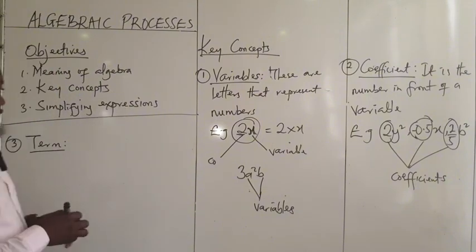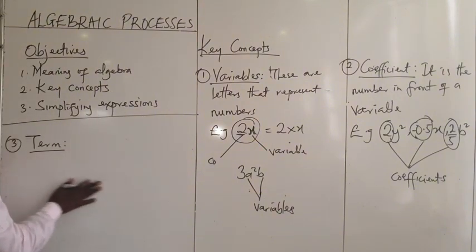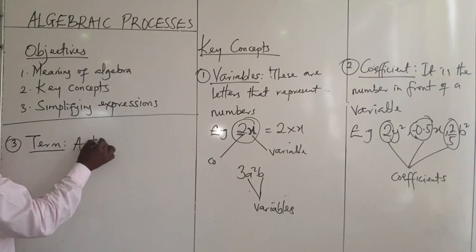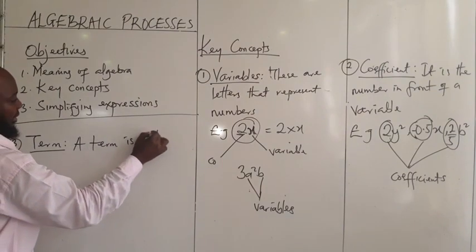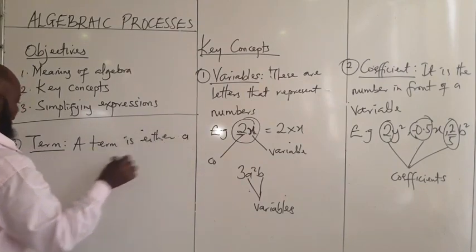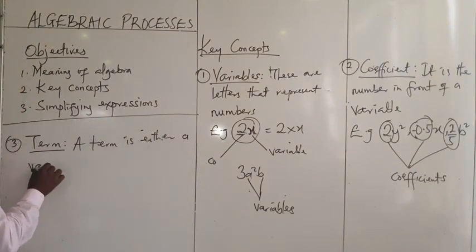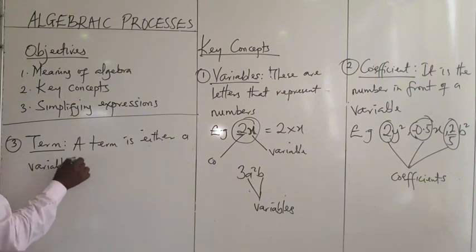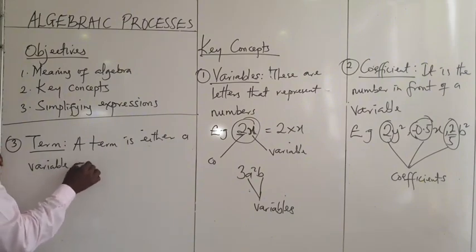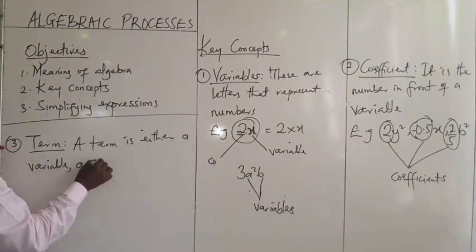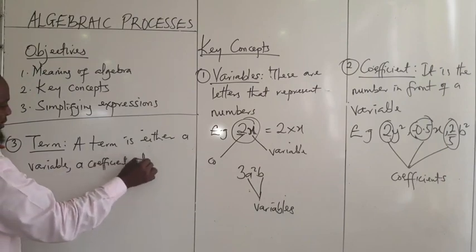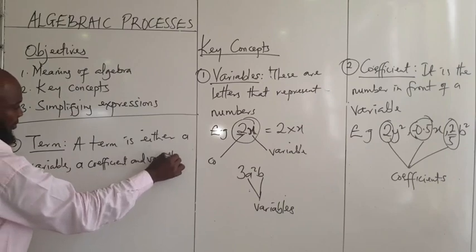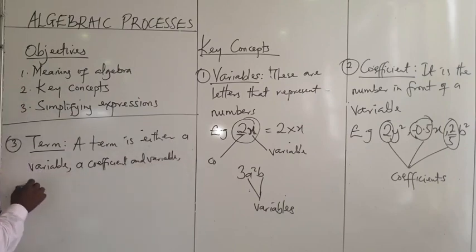For example, let me write it: a term is either a variable, a coefficient and a variable, or a number.